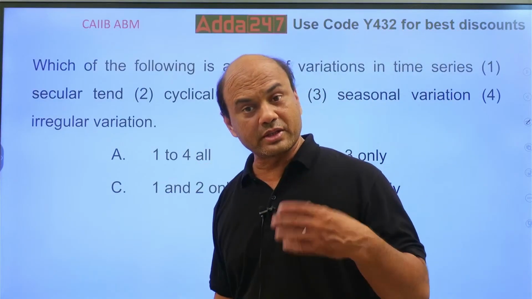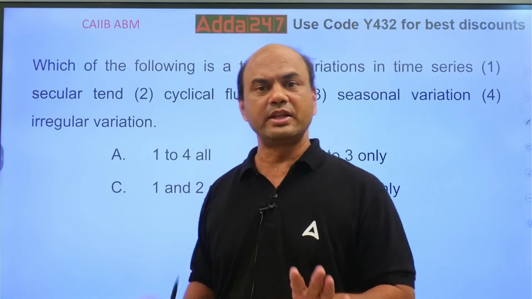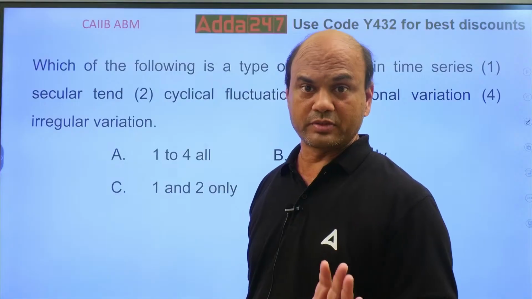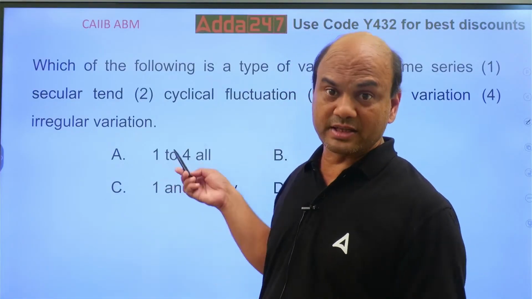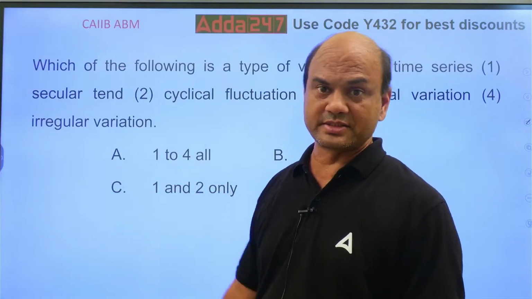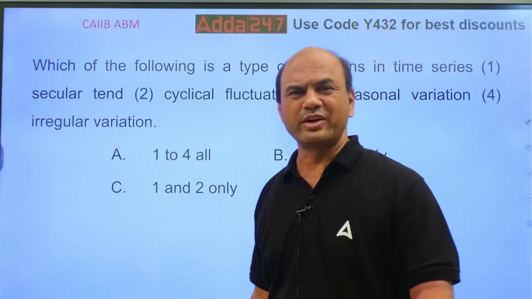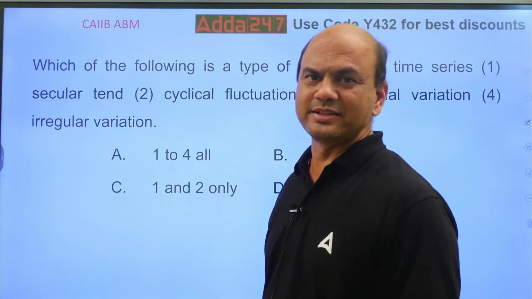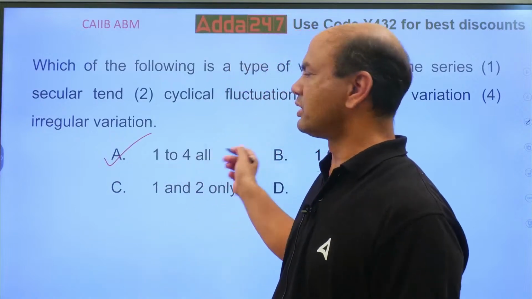In fact, there are more than these 4 variations, but for your CAIIB level we have only these 4. If you go on studying, if you want to do a PhD in time series or statistics, you can find more than 4. But what do we have to do? We have to clear our paper, isn't it? So the answer is all of 1 to 4.